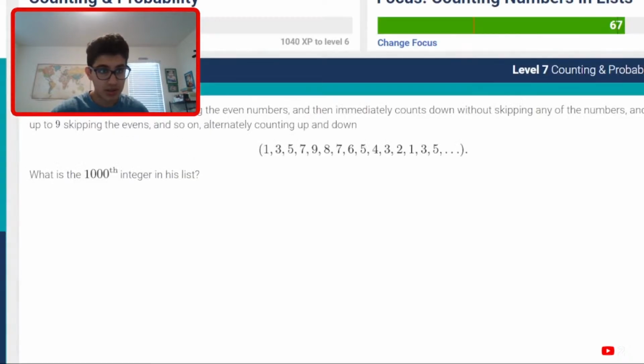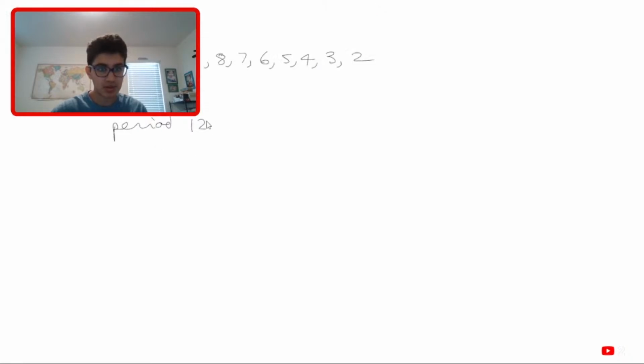Since there are 1000 integers, we know that the 12th one will be 2, the 24th will be 2, and so on. So we need to get a multiple of 12 that's close to 1000, and one possible number for that would be, so 900 works. To 900 we can add 96.